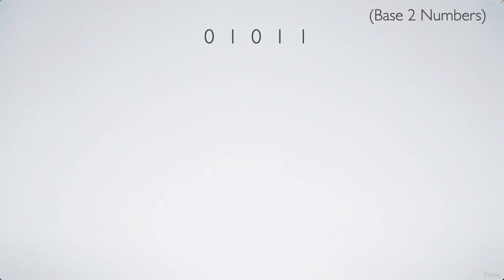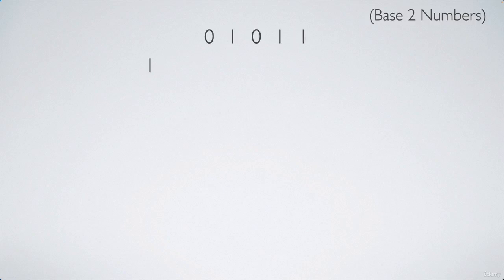So let's first talk about how we can get from a base 2 number to a base 10 number, to a number system that we're all familiar with. If I say that I have this number, and I tell you to go ahead and calculate it and tell me what exactly this number is in decimal, what you're going to do is take each number or each character and then multiply it by 2 to the power of its index.